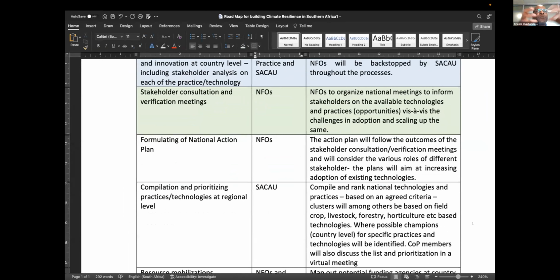How do we now put together a plan that gives direction to government and other relevant stakeholders to implement or accelerate the adoption of these innovations or climate smart agriculture practices that we will have found out in the respective countries? This again will be the responsibility of national farmer organizations. Why? Because I think they are the anchoring stakeholder in all this work.